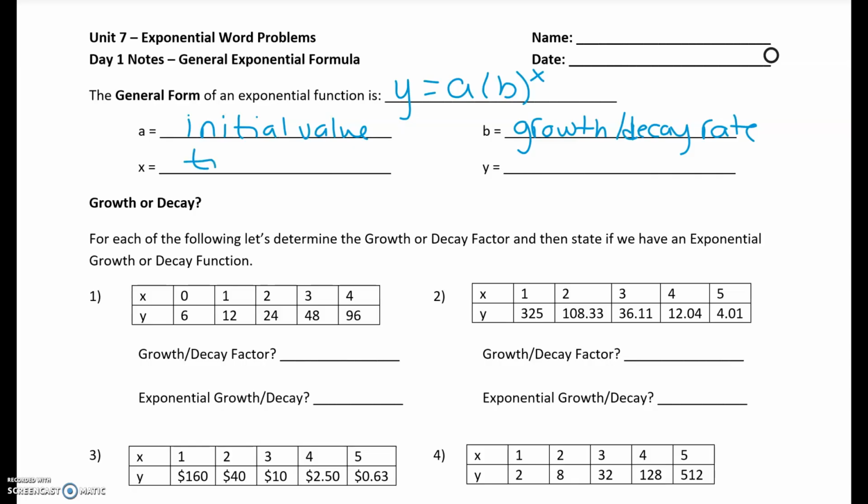X is going to be our time. Sometimes that's measured in days, years, months, just depending on the problem. And y is going to be whatever our total is that we're looking for.